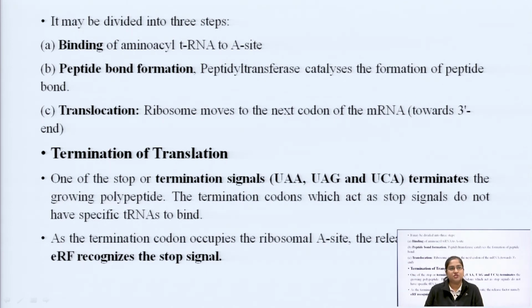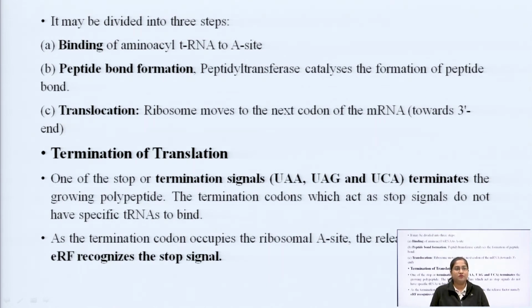Once the elongation process reaches any of these 3 signals, it needs to terminate. So what are those? UAA, UAG and UGA. These are called the termination signals to the growing polypeptide.